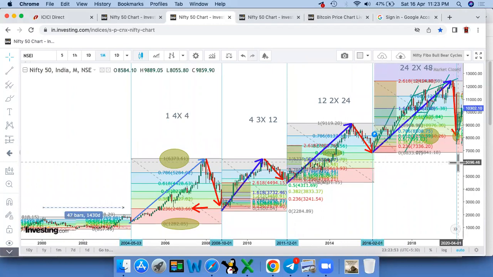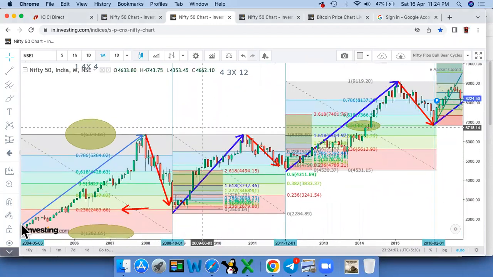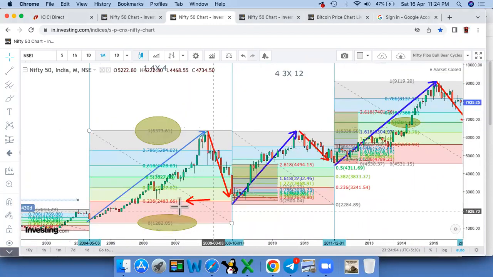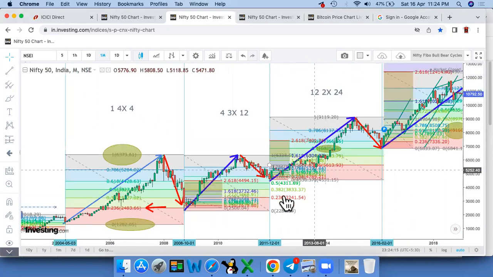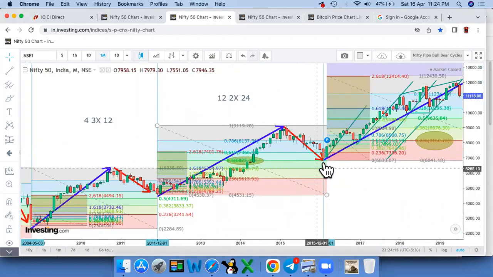So what we have seen in these cycles is that we get a retracement either at the 0.236 level, as seen in the first cycle, 0 to 1, where we get a retracement nearer to 0.236. In the second cycle, we get a retracement almost to the 0.5 level. Again in the third cycle, we get a retracement at the level of 0.5.